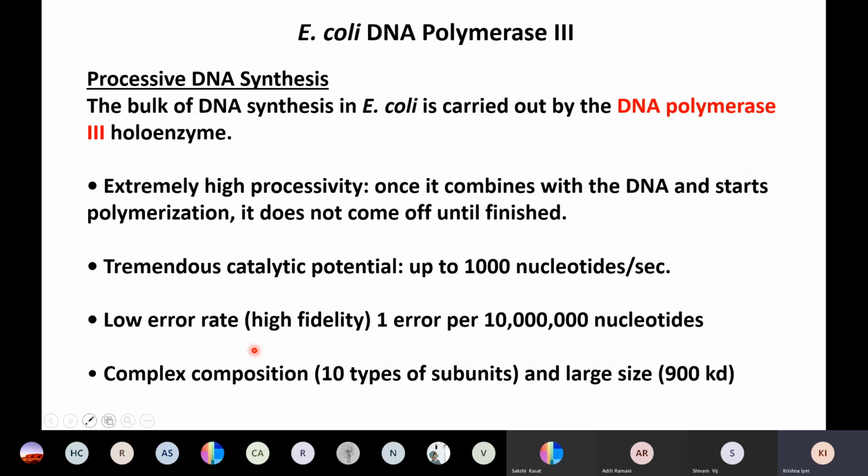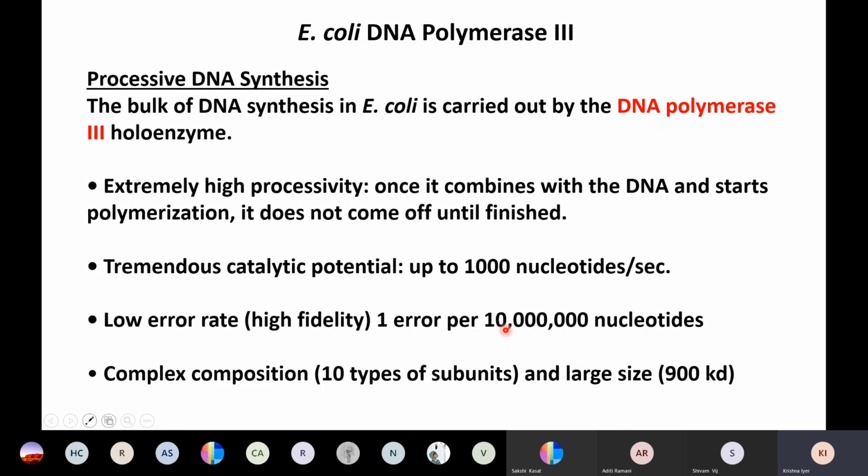Now I am using the term high fidelity here. That means simply that the rate at which it looks at the template and adds the correct complementary base is so accurate that it makes only one error per 10 million nucleotides, which is 10 raised to 7.